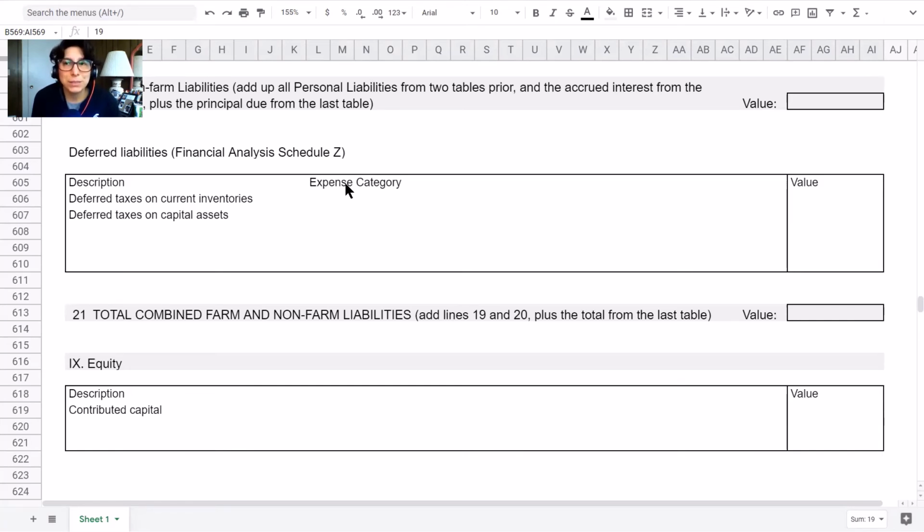So deferred farm liabilities are taxes and other expenses to be paid when assets are sold. Deferred taxes arise because of the difference in the balance sheet value of assets and their tax basis. So in other words, if the business is liquidated, what would be the taxes on current inventories and capital gains taxes be?